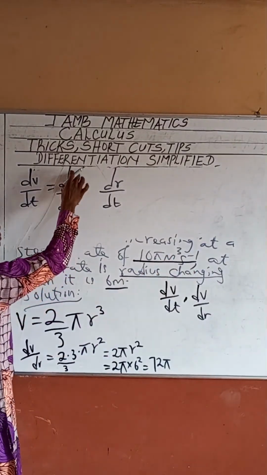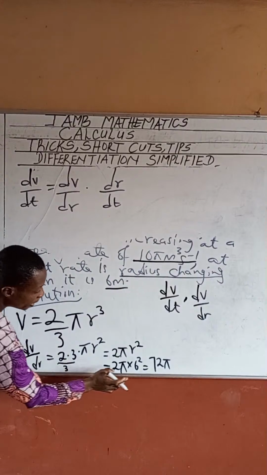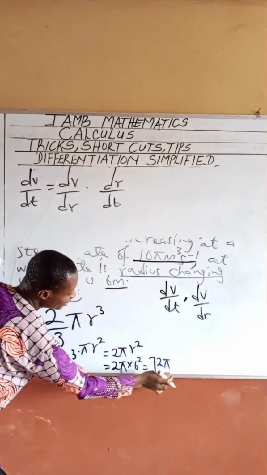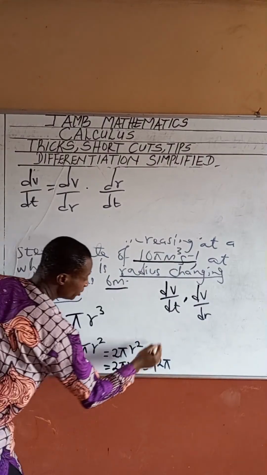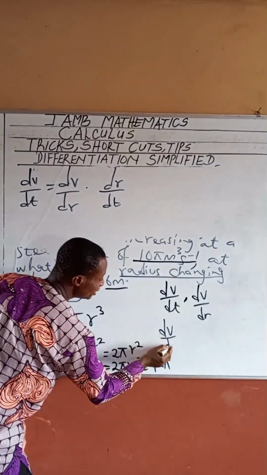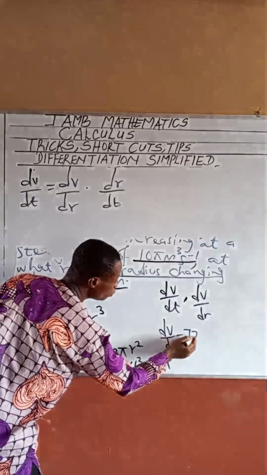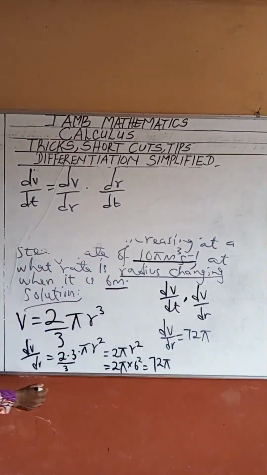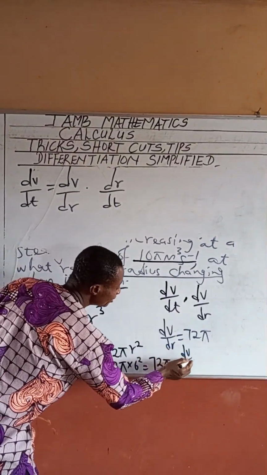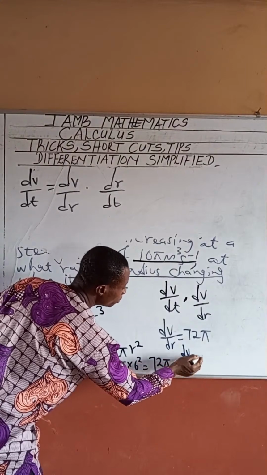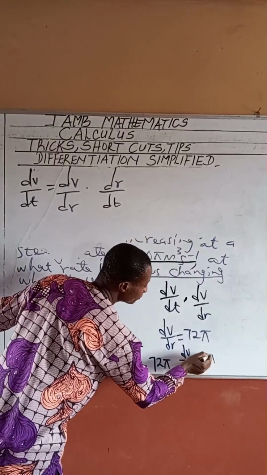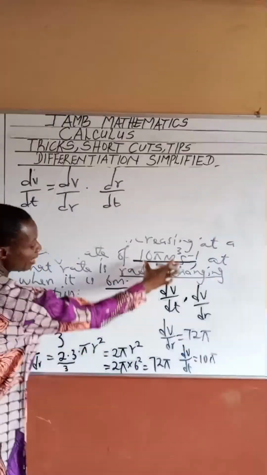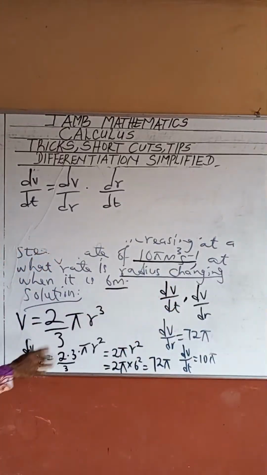Then dV/dr is this. So dV/dr is equal to 72 pi, and dV/dt is equal to 10 pi. In their various units, they have different units.